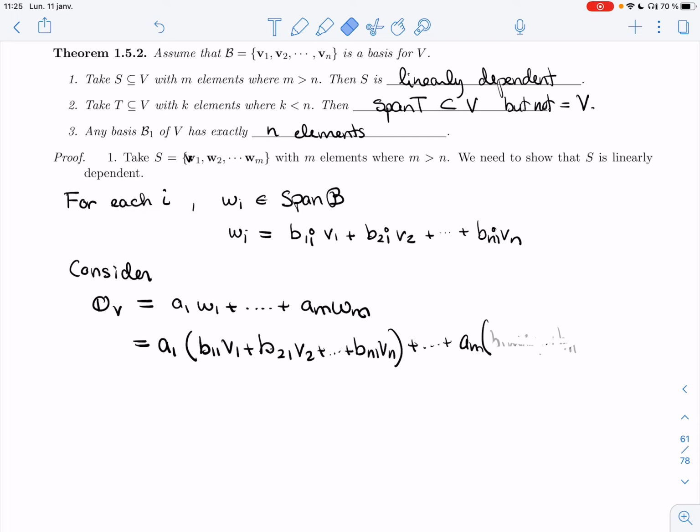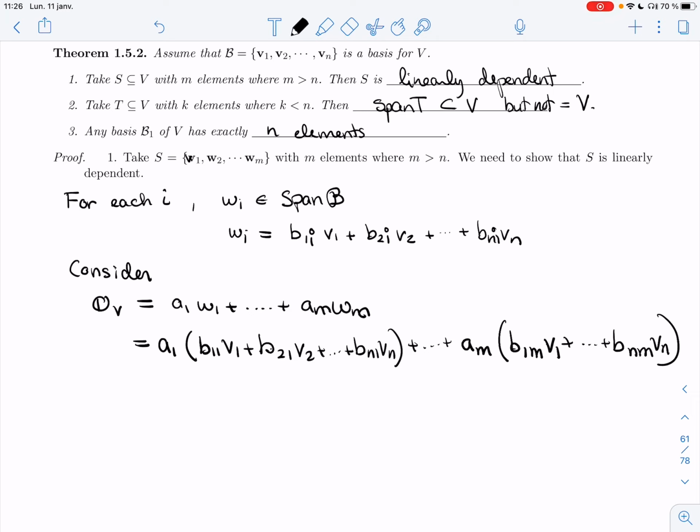Let me rewrite this, it's confusing. So am, b1m v1, bnm vn. All right, we got it.